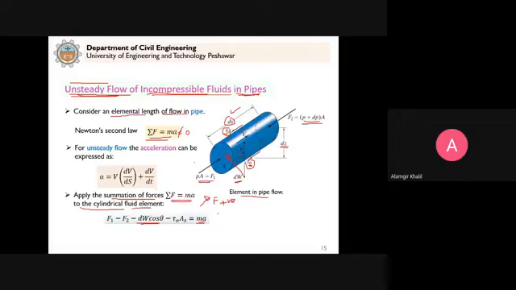This is equal to ma. Clear? Acceleration is not equal to 0. Unsteady flow. If it were steady flow, we would say this is equal to 0. This is what we did in the Darcy-Weisbach formula derivation. You go back. So now we bring unsteadiness, and the fluid is incompressible. So now the nature of the problem solution has changed, and now we have equal to ma.